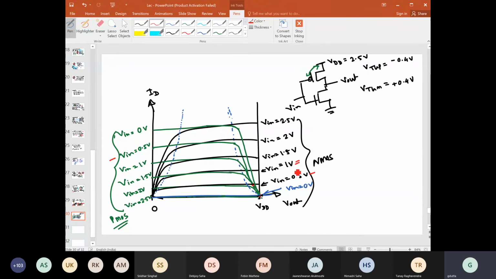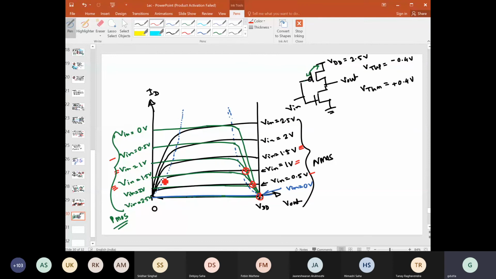Then we move to 1 volt. Here 1 volt, here 1 volt. This is the 1 volt plot, and here the 1 volt plot is this. So they intersect here. Maybe I will mark this, otherwise we cannot trace it. Then this 1.5, and here this 1.5, they intersect here.